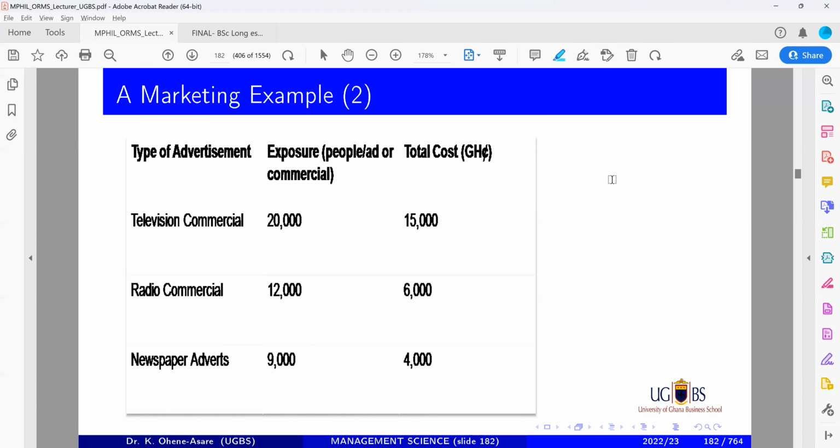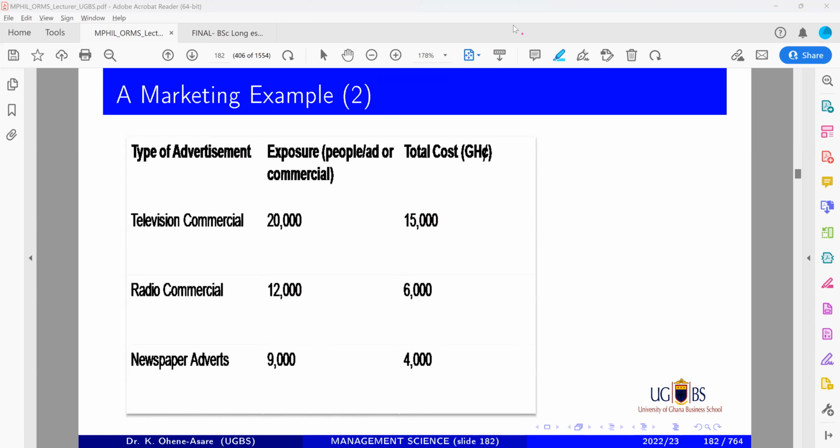How will you write it? Dennis: Doc, I'm trying. I think it will be X1 plus X2 plus X3 less than or equal to 100,000.